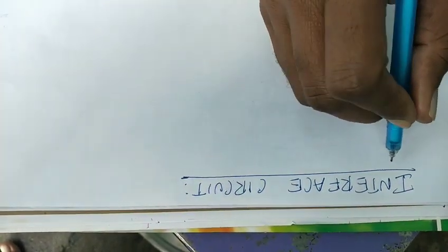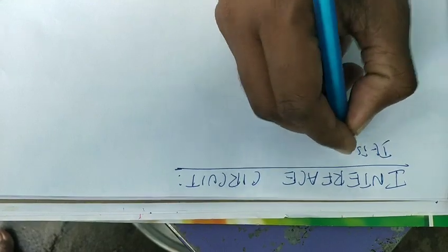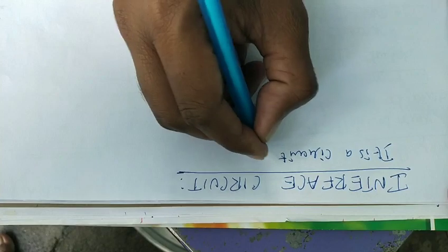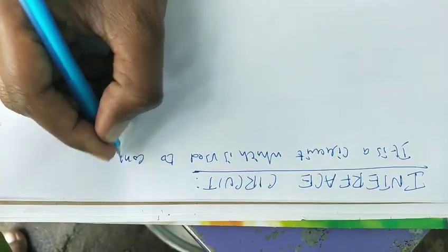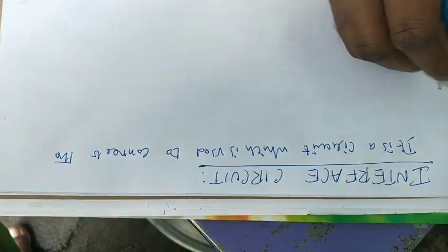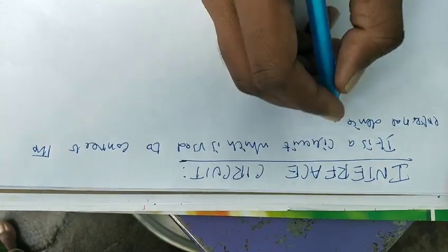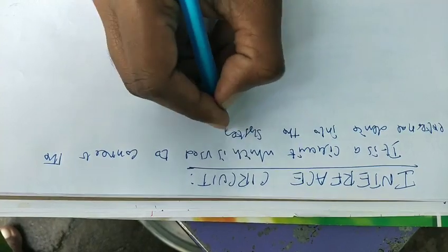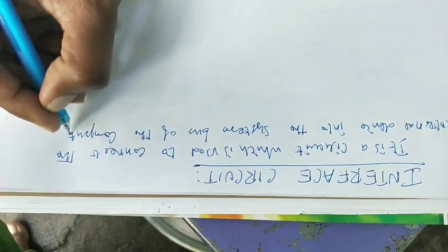So first of all, by definition, the interface circuit is a circuit which is used to connect the external device to the system bus of the computer.